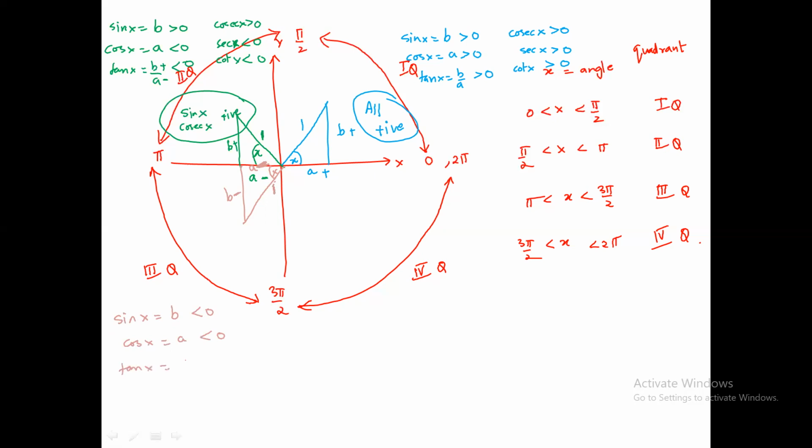Tan x is B by A. Both are negative, so tan x becomes positive. So for the reciprocals, cosecant x will be negative, secant x will be negative, and cot x will be positive. So you can see in the third quadrant, only tan x and cot x are positive.